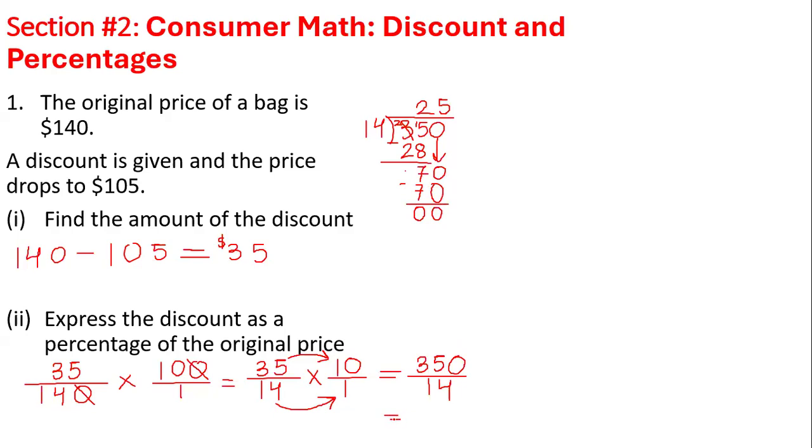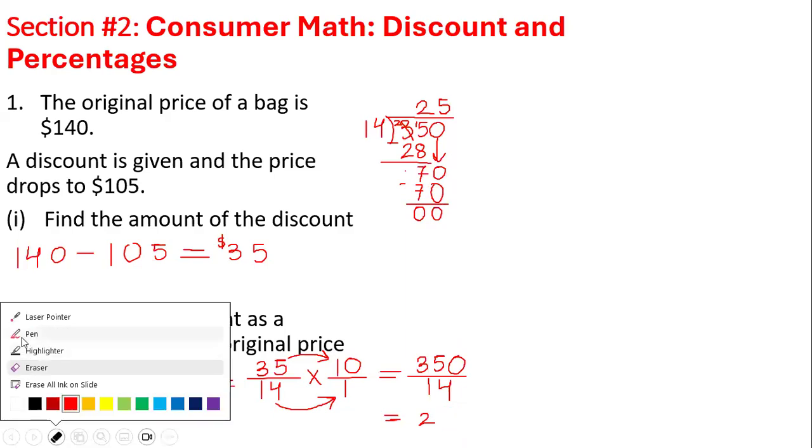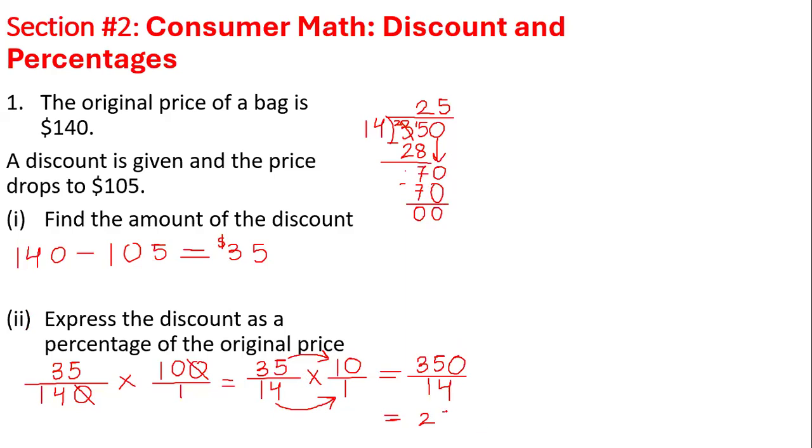25%. Yes, 25%. So quick recap, what did we do? We took the discount amount, which was $35, and expressed it over the original price, so 35 over 140, multiplied by 100 over 1.